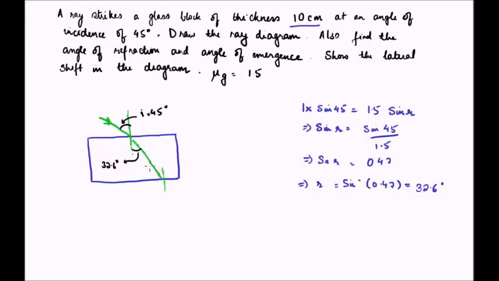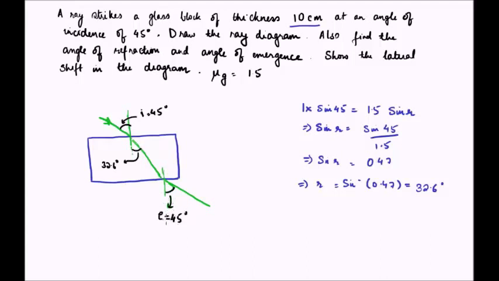Now as we have already seen in the lecture, the angle of incidence will be equal to the angle of emergence. I have shown the proof over there. So we can directly use that concept and say that the angle of emergence here will also be equal to the angle of incidence, which means the angle of emergence here will be 45 degrees. Let me write it in a different color: emergence is equal to 45 degrees.